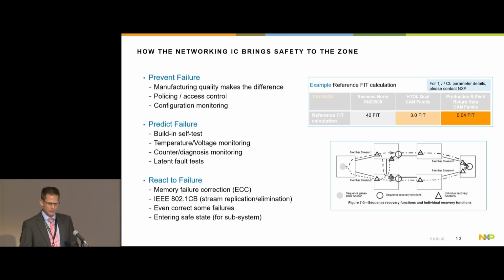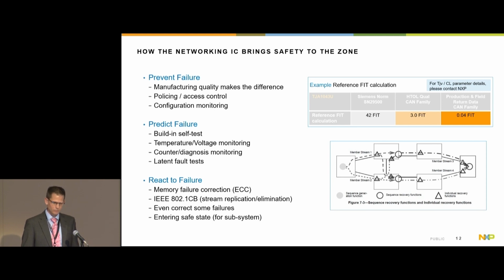There are policing methods to make sure that you are not forwarding failures, and of course the configuration monitoring. So the things that the switch are doing is defined, but you need to make sure that your configuration stays as it is supposed to be.